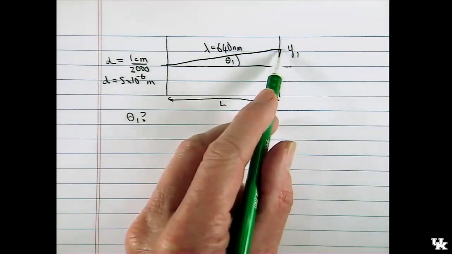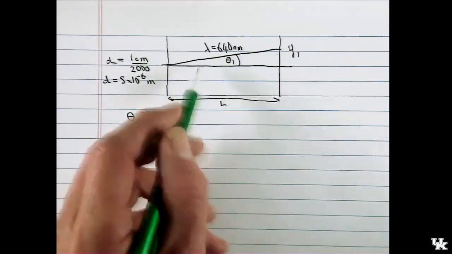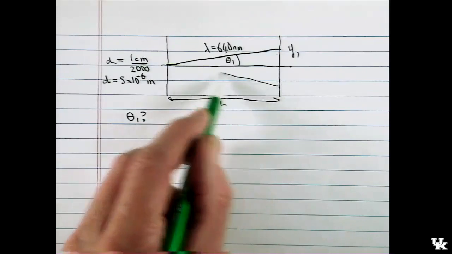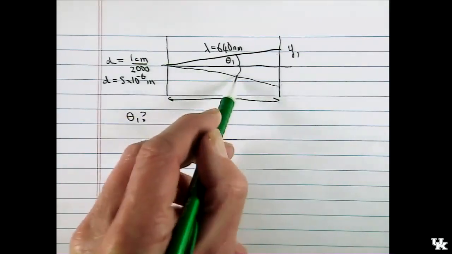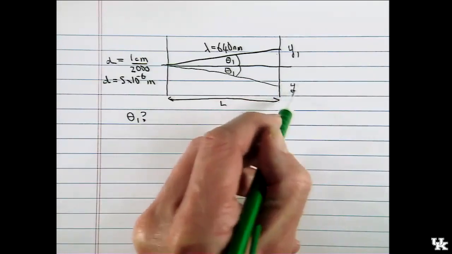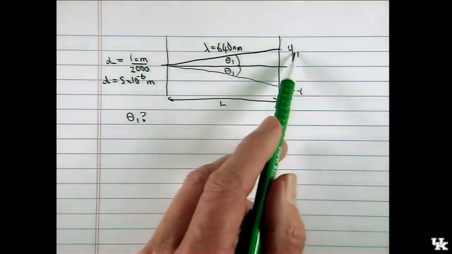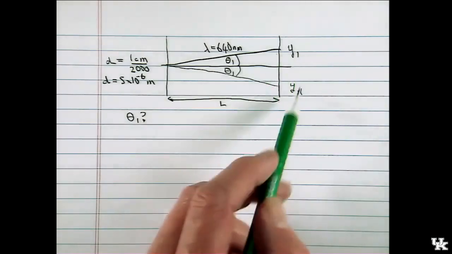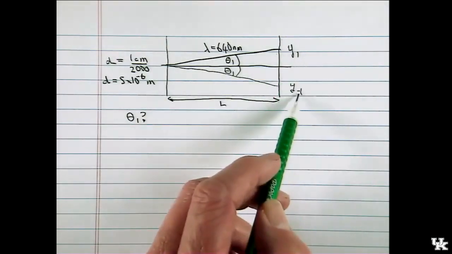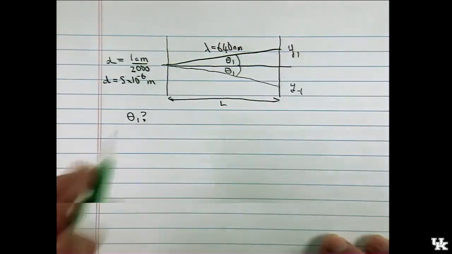This is the first bright spot away from the central bright region. There'll be another one downstairs here at the same angle. It would be, say, y minus 1. This is where the integer m would be plus 1. The order m would be plus 1. The integer m would be minus 1. Okay, so we want to find this angle.